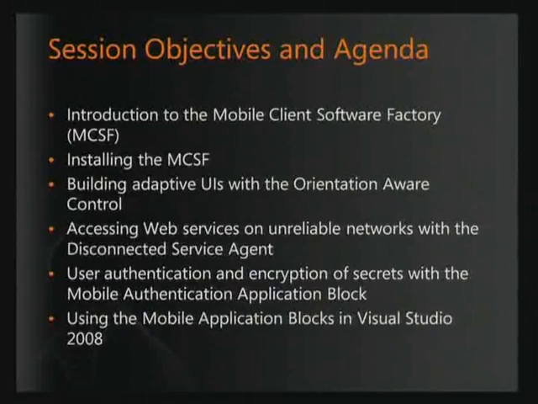So we're not just talking about devices here. Laptop computers, any traveling computer, is going to have intermittent network connectivity, which raises interesting questions that you have to solve as an application developer: how do you keep your application working when you haven't got a network connection? In the Mobile Client Software Factory, we've got the disconnected service agent, which solves this problem very neatly for calling web services. So I'll show you how that works.